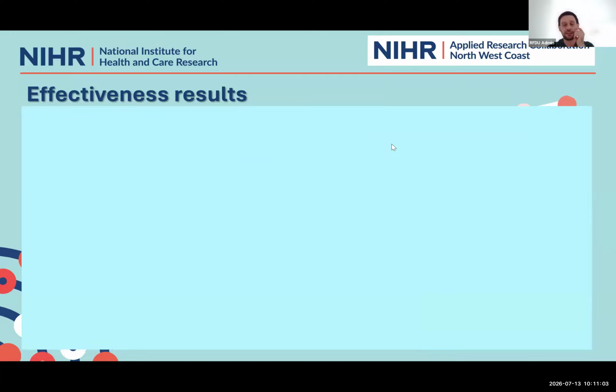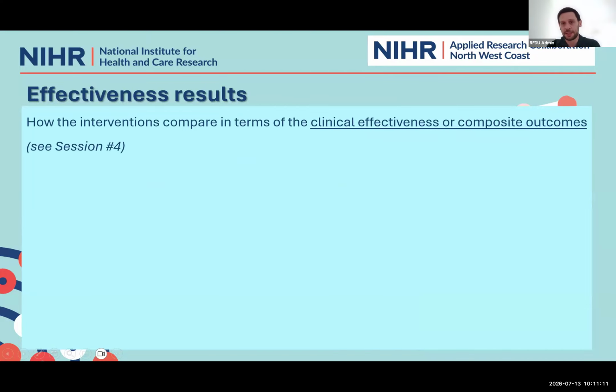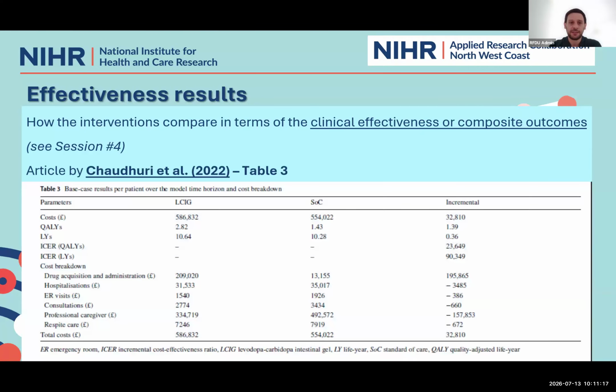Okay, so I'm going to give you an example of what we mean by effectiveness results. We are going to talk about clinical effectiveness and composite outcomes, which we saw in session 4. This is the article by Chaudhuri et al., which we are using as an exemplar for our examples throughout the course.